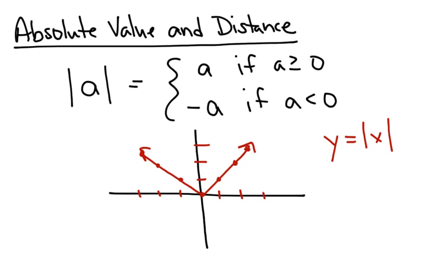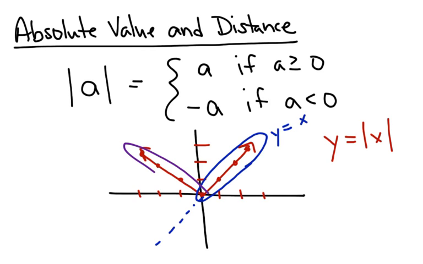So it's kind of like we took two lines and we connected them at the origin. So if you just think about this part of the line and ignore the fact that it's actually a V for a second, that line there is the graph of y equals x. It has a positive slope.